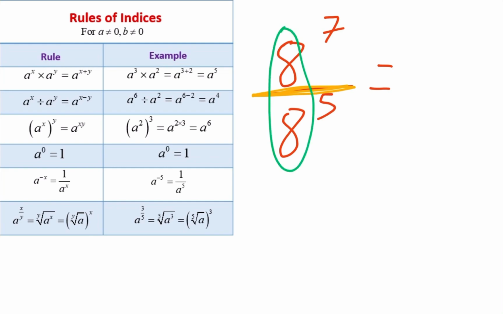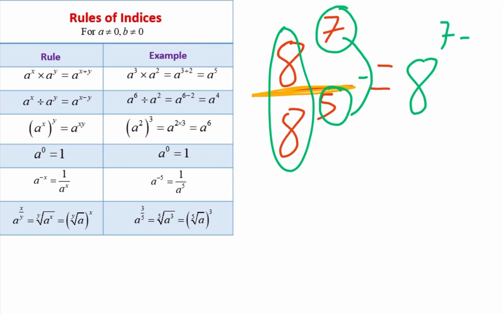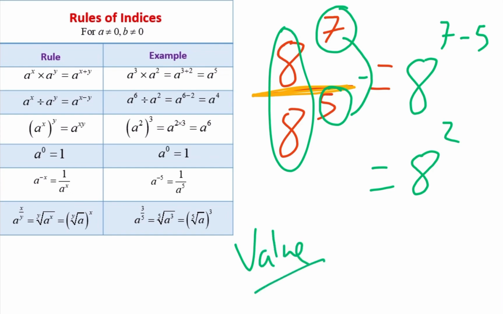Are the bases the same first? Yes, they are, so we keep the bases the same. And then we've got 7, and we've got a 5. This time you can connect it going down. There's the takeaway. So 7 take away 5. Some students like to write it like this as well on the side. 7 take away 5, which is quite nice. And therefore 8 to the power of 2. And if they ask you again for the value, 8 squared therefore is 64.